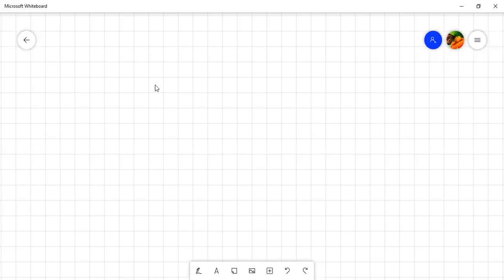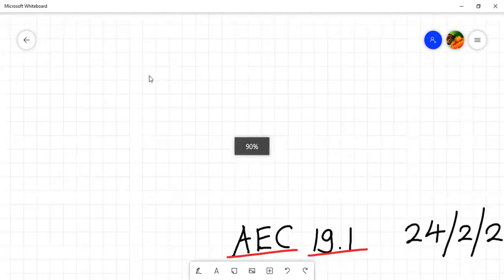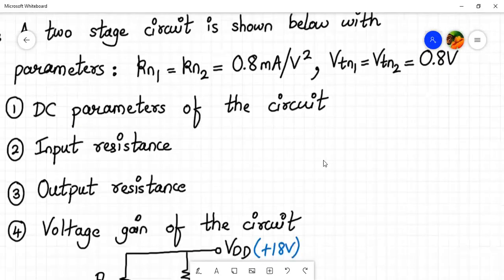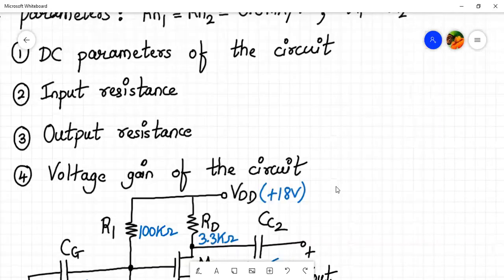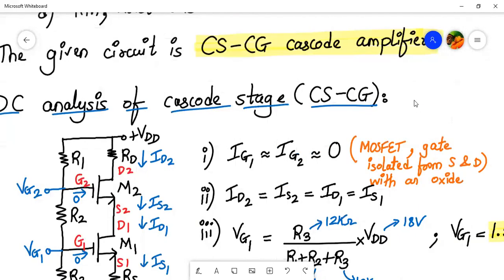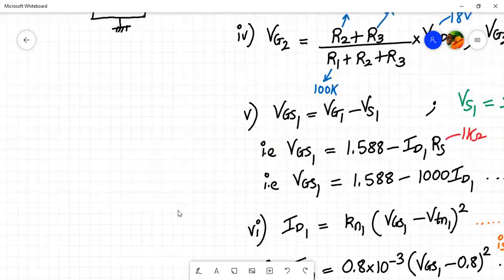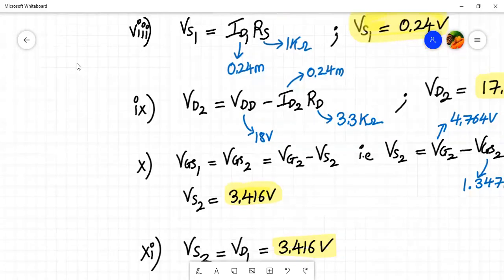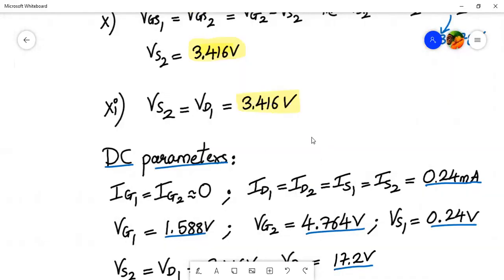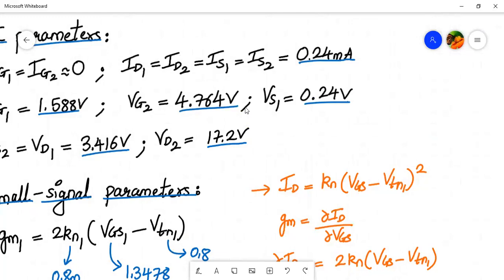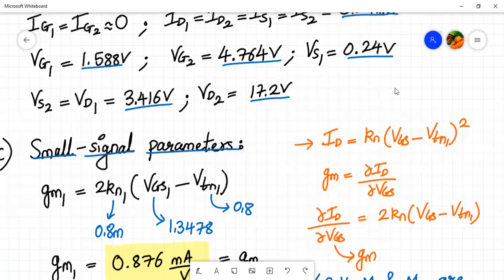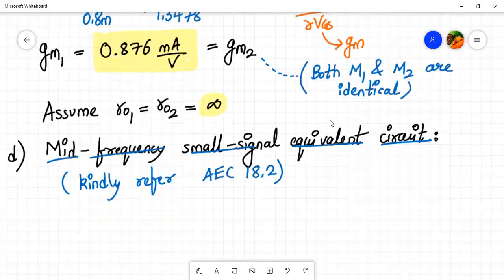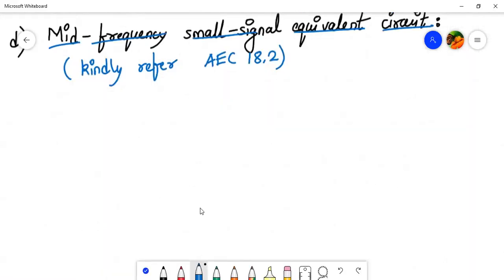Let me go back to the point where I left, the mid frequency small signal equivalent circuit. Okay, fine. Just now we have referred to the mid frequency small signal equivalent circuit.